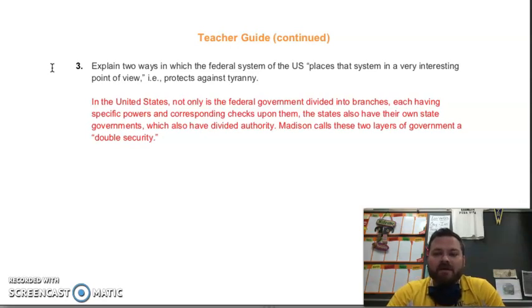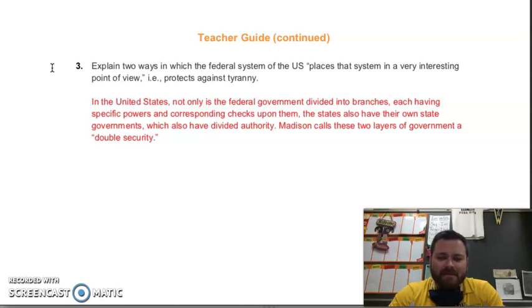You could talk about the division of power at the federal level into branches, with each branch getting specific powers and checks, but then also talk about how the system is further divided by having federalism injected into it, keeping the powers of the federal government separate from the powers of the state governments. So the federal government does have some incredible powers: the powers to make war, collect taxes, print and coin money, raise an army. Those are very important, large, substantial powers.